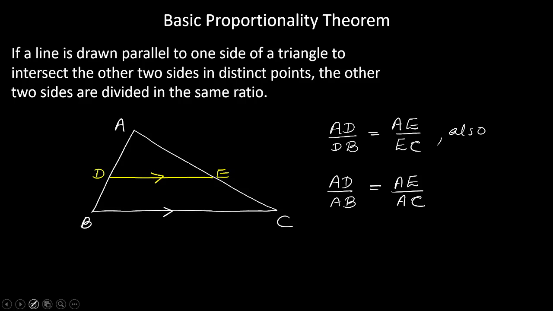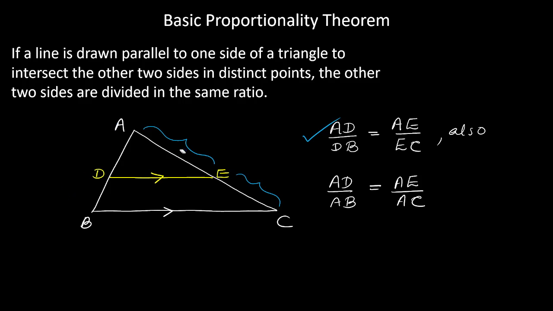It's very simple, right, Joshita? For example, you may take the left side ratio like this: AD by DB. So it will be equal to AE by EC. Understood? That is what I have written here. AD by DB equals AE by EC. Is it simple?